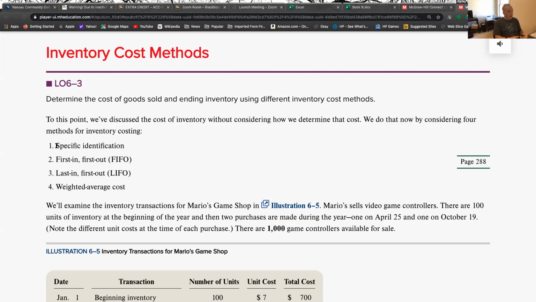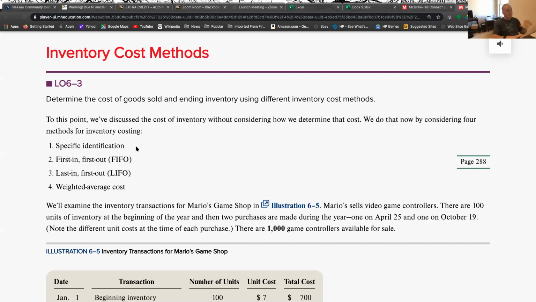So to save time, we make assumptions. This specific identification is only used when we have a very low volume, we have small inventory, and the inventory is unique. Like say you were an antique dealer, right? And you maybe only have 10 items in your store, and each one has a story, right?